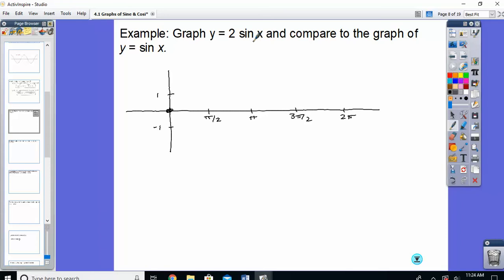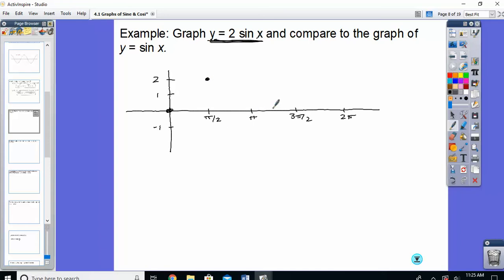I'm just looking at these points. Sine is the y. So at pi over 2, my sine is 1. But then if I take that times 2, 1 times 2 would give me a 2. So at pi over 2, we're getting out 2 for the equation we're graphing.